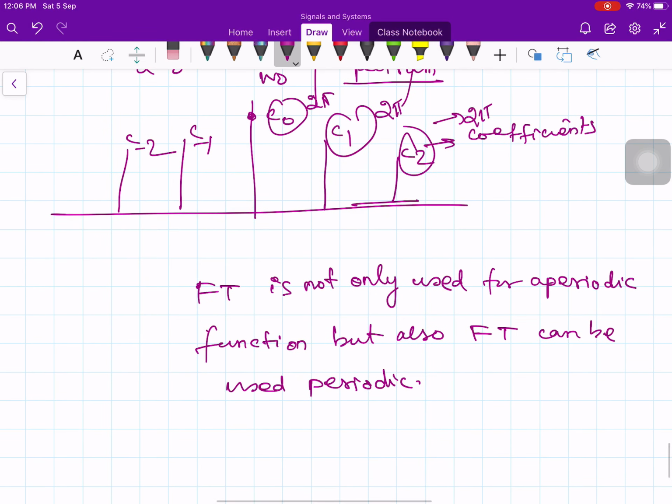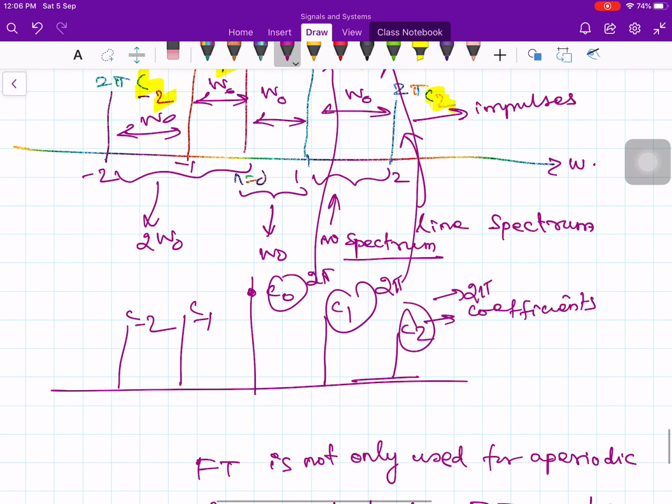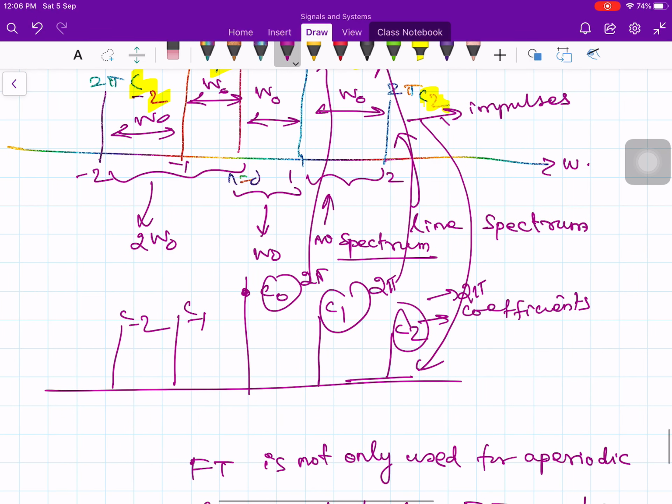Once you have the Fourier series for a periodic function, in the Fourier transform domain all it means is the same line spectrum. These two spectrums are the same line spectrum. The Fourier transform is also a line spectrum, and the Fourier series is also a line spectrum. So the same line spectrum is carried over into the transform domain as well.